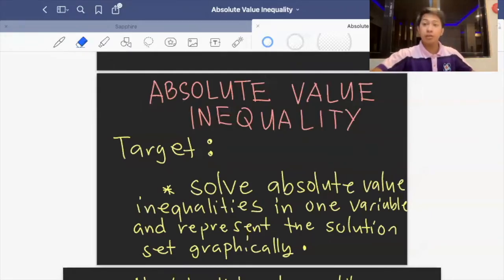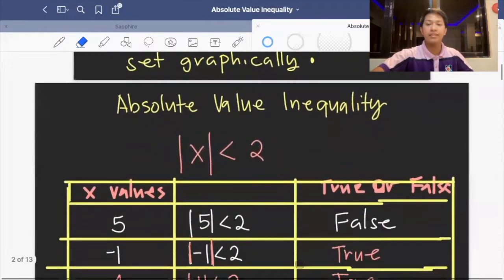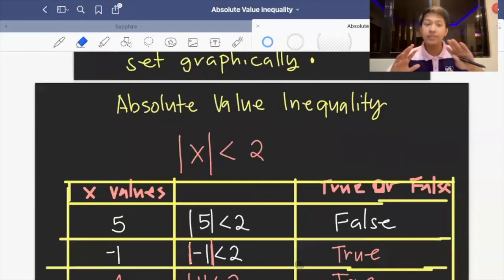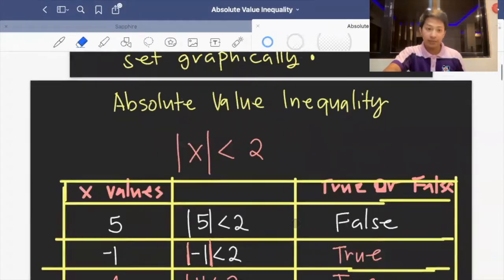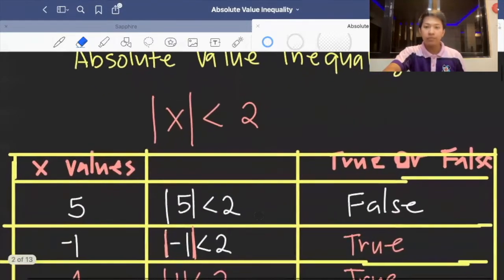So let's start with this illustration. Let's start with the absolute value of x is less than 2. And we are going to find any x values that would make our absolute value inequality true or false. I think we already discussed this last meeting, but I just want to reiterate this one.